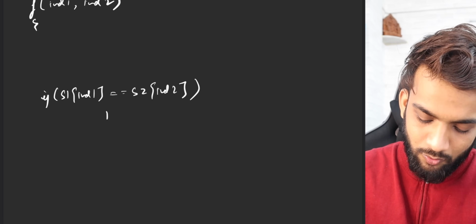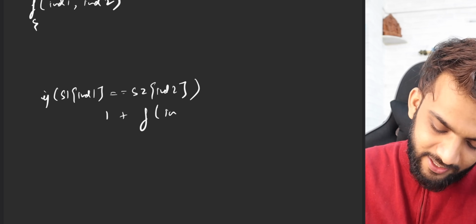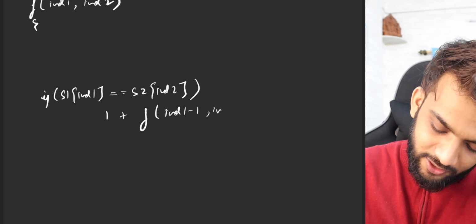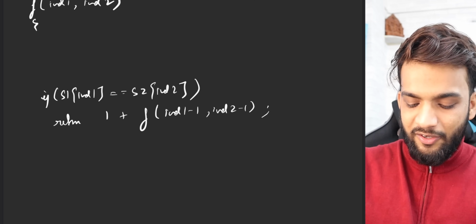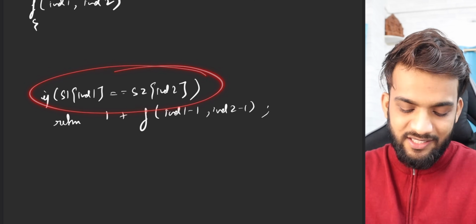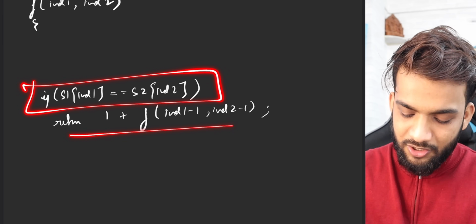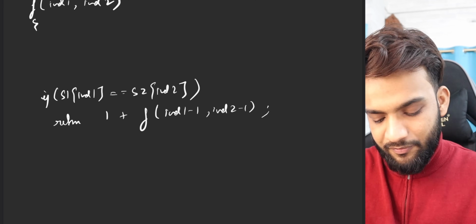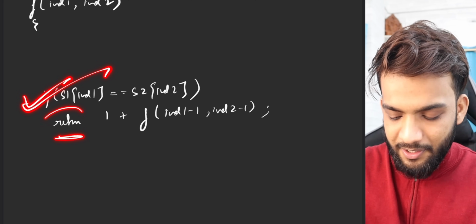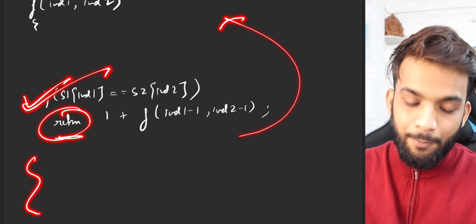The answer is very simple: 1 plus f of index 1 also moving and index 2 also moving, and you can easily return them. If this if executes, the program returns over here and goes back. The rest of the lines will never execute.